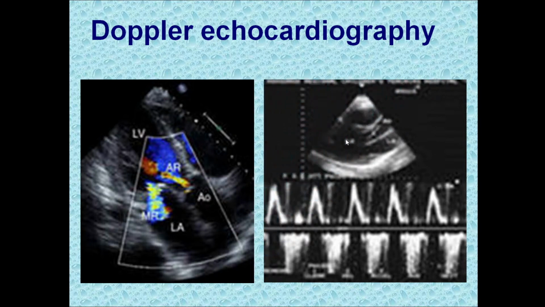Also, you see abnormal regurgitated blood flow through the unclosed aorta into the left ventricle, which mixes with normal blood flow.